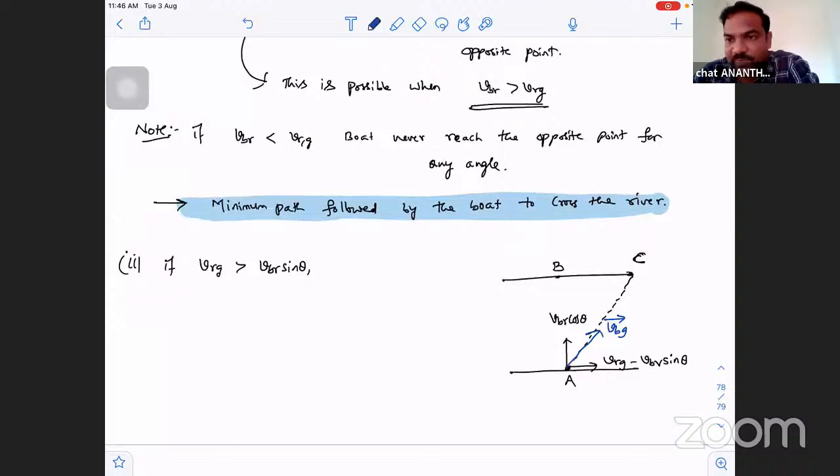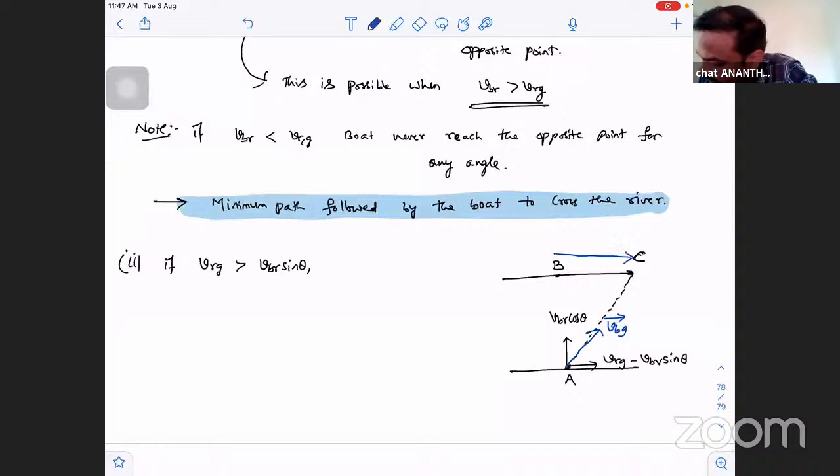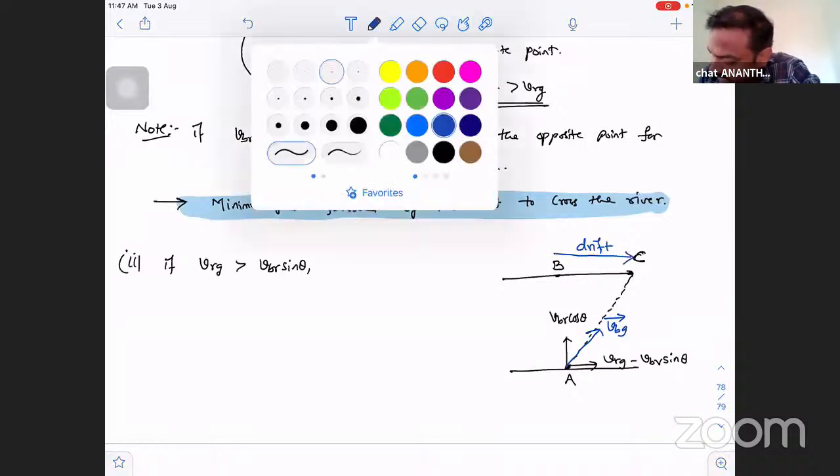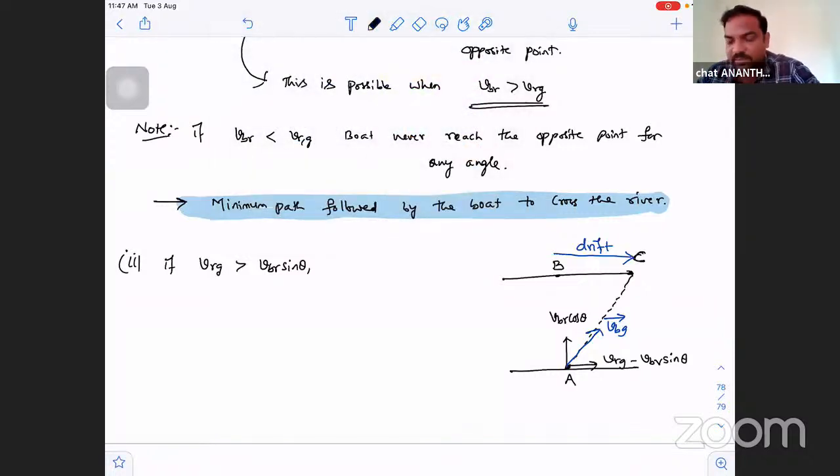Okay, but the boatman will maintain some angle with the line perpendicular to the river. Under this condition, what happens? There is a drift. So in this case, obviously theta, case 1 theta and case 2 theta, will be different.